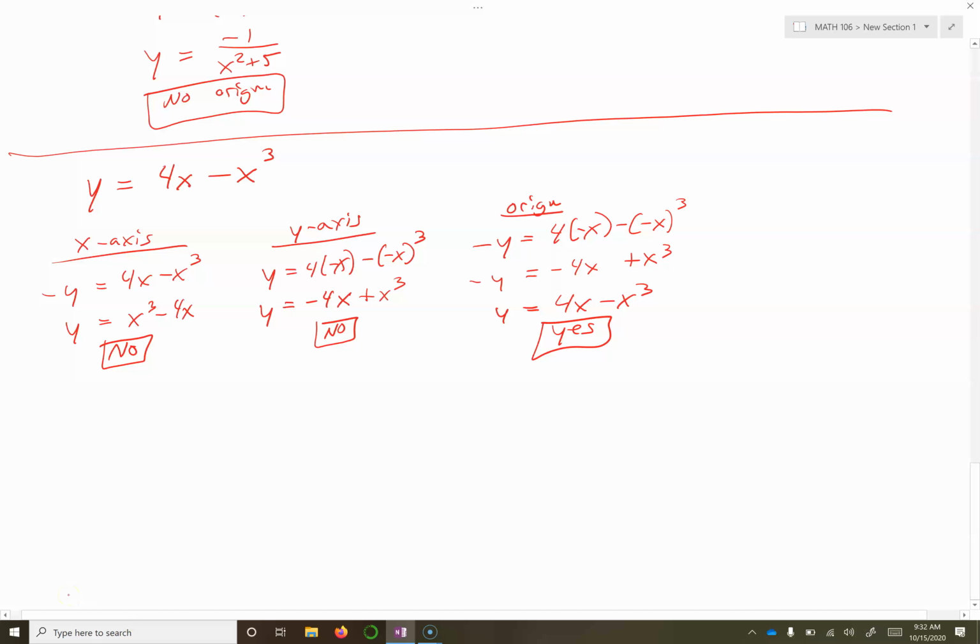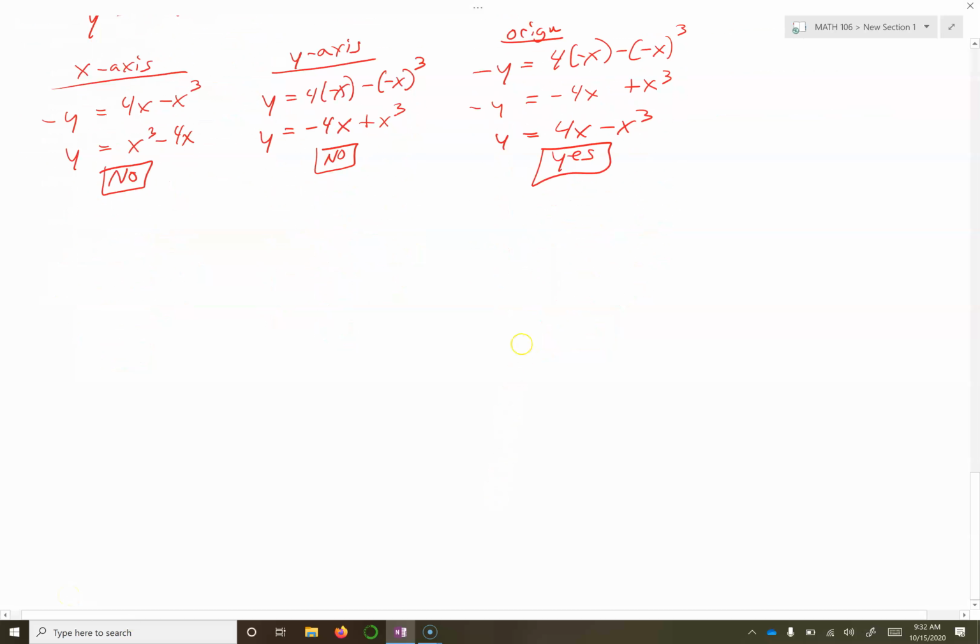This section, like I said, some of these chapter 2 sections are small. So for the section 1.2 homework, this is on page 195. We're going to do 25 and 27.